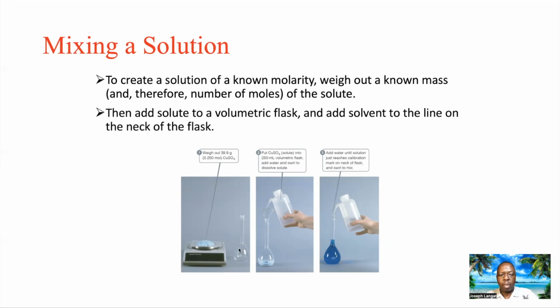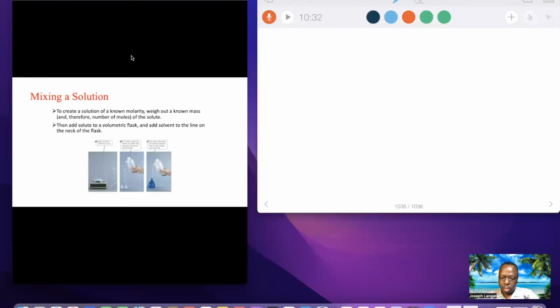We have 5, 10, 15, 20, 100, even up to 2 liter volumetric flasks. So that's how you prepare a solution of known concentration.